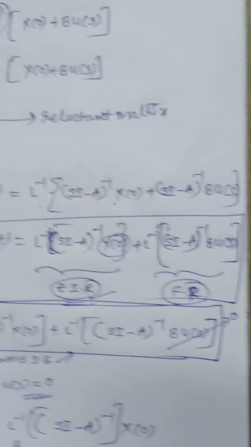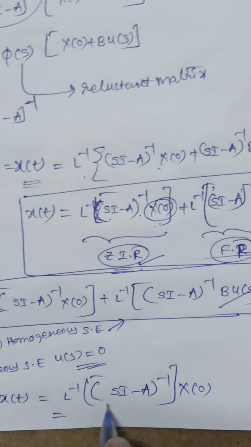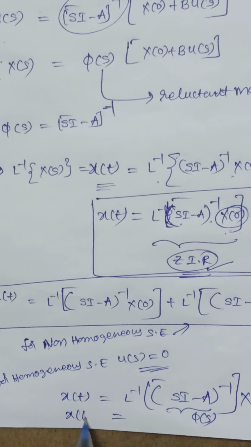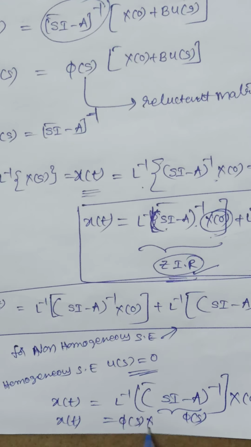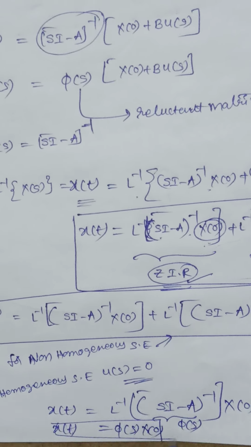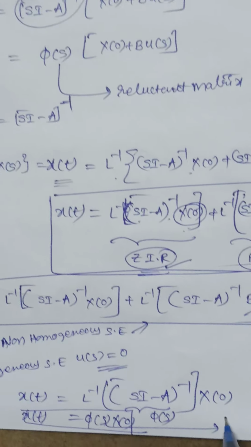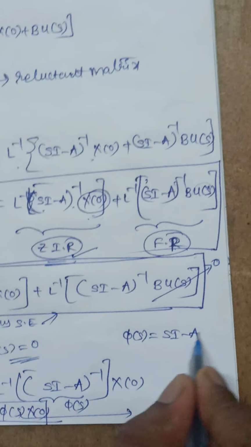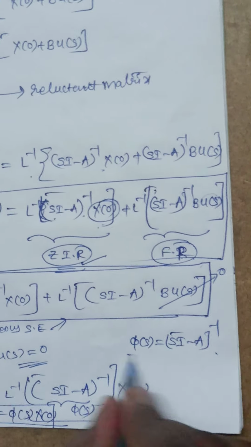And this L inverse is nothing but phi of s. So x of t is equal to phi of s into x of 0, where phi of s is (sI minus A) whole to the power of minus 1, which is nothing but the resolvent matrix.